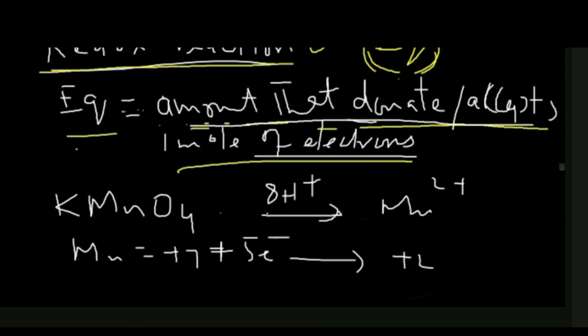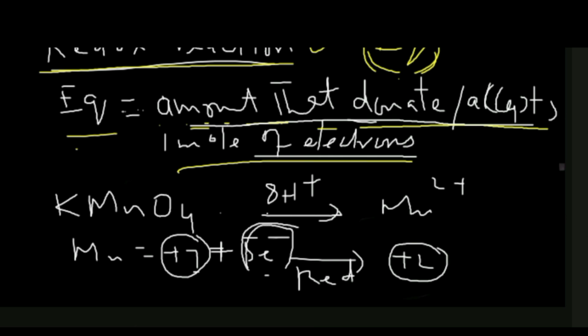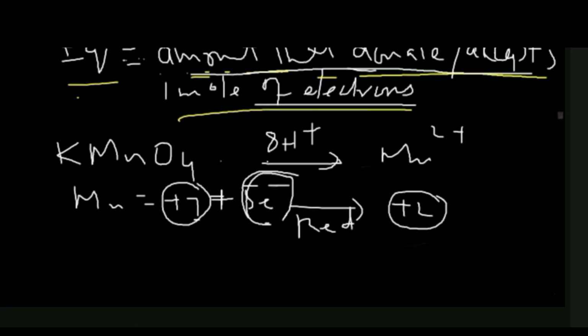So in the case of potassium permanganate, it can accept 5 electrons, and by accepting 5 electrons the manganese is converted from +7 into the +2 oxidation state. So here the redox reaction occurs, because the valency is reduced from +7 to +2 by gaining 5 electrons. This is the redox reaction, and here the number of electrons is what matters.